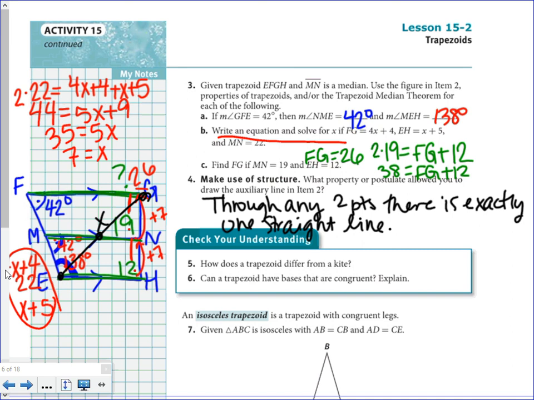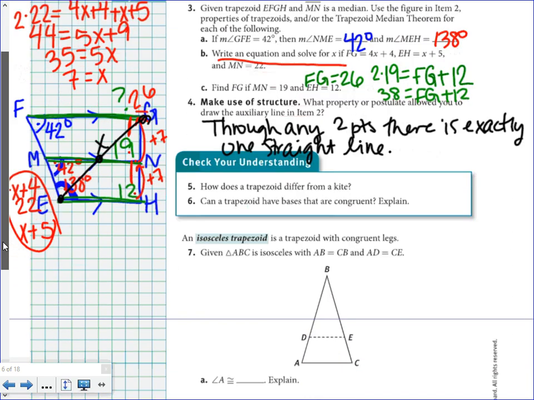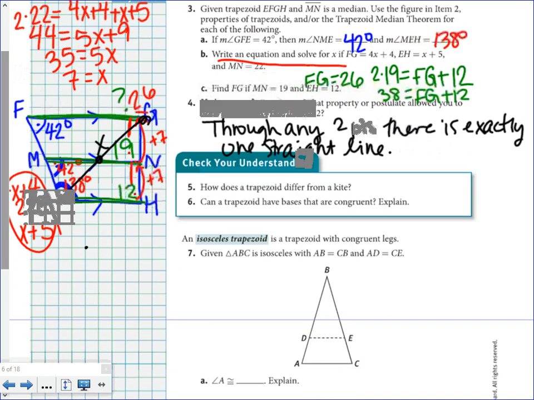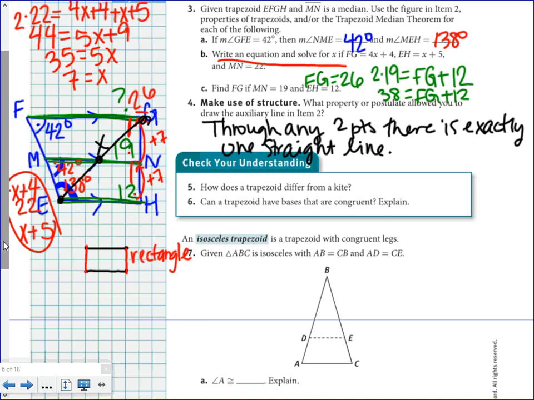Number 6 says, can a trapezoid have bases that are congruent? No, it can't. And the reason, if I have my parallel sides that are congruent, these are parallel and congruent, and I connect those, that is a rectangle, which is not a trapezoid, because that creates these being parallel.